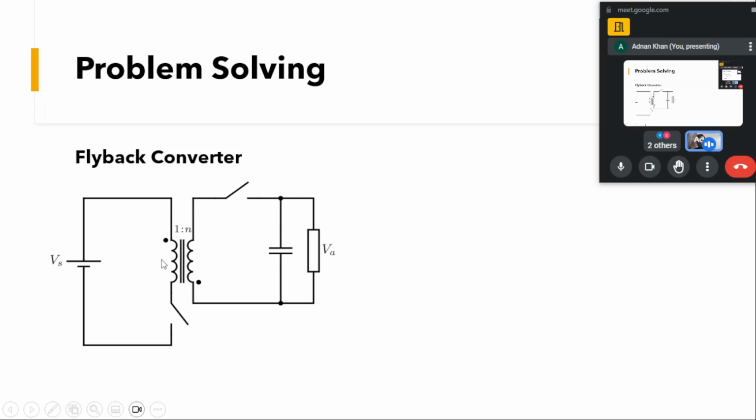So you can see this is more or less not a transformer. This is mainly a coupled inductor which stores the energy in one half and transfers the energy in the other half. In a transformer, the transfer of energy is continuous throughout the operation, but here for one interval the energy is getting stored, and for the other interval the energy is getting delivered.